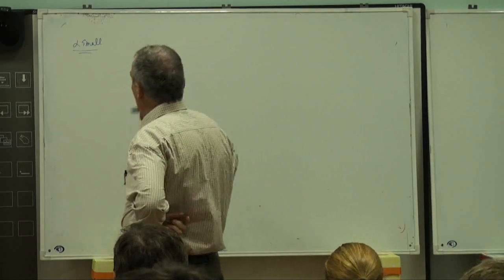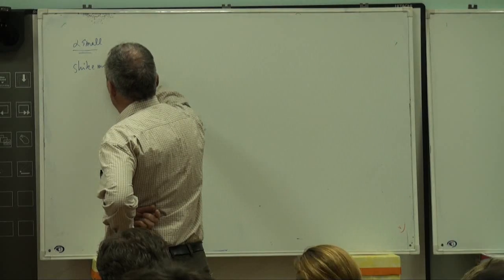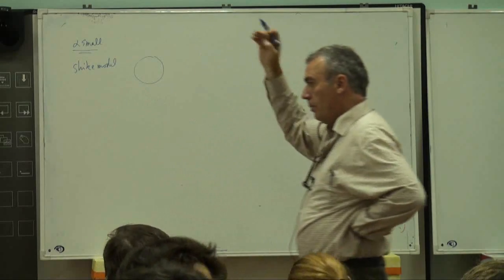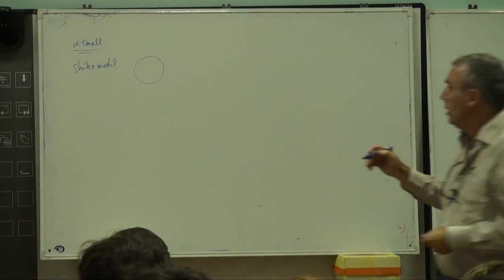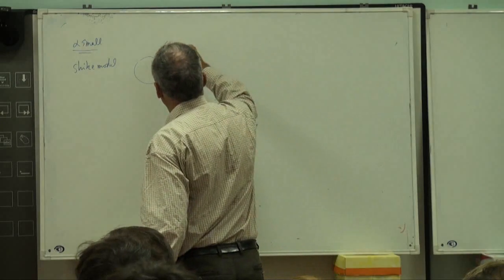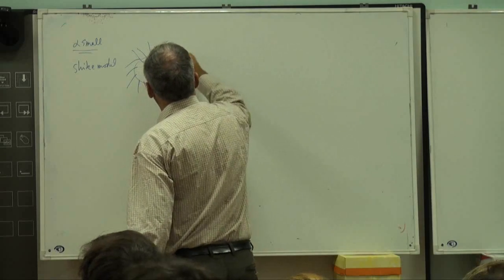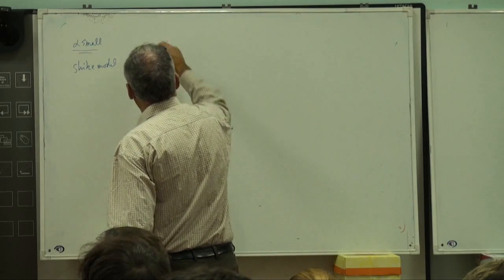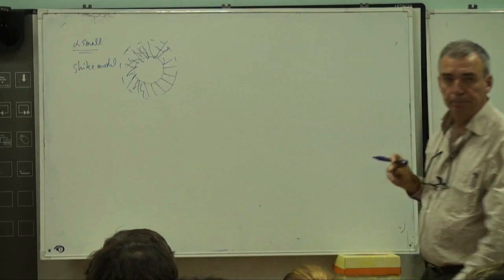For alpha small, if you have the strike model, if you let n be very big, it looks like a brush. So you have something like this, very, very thin, and the overall shape is about round.